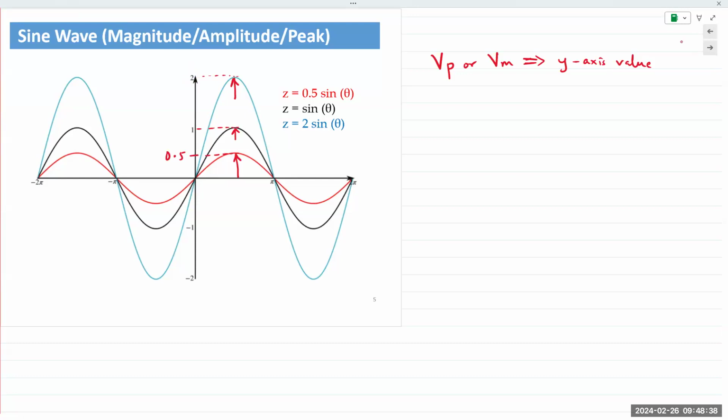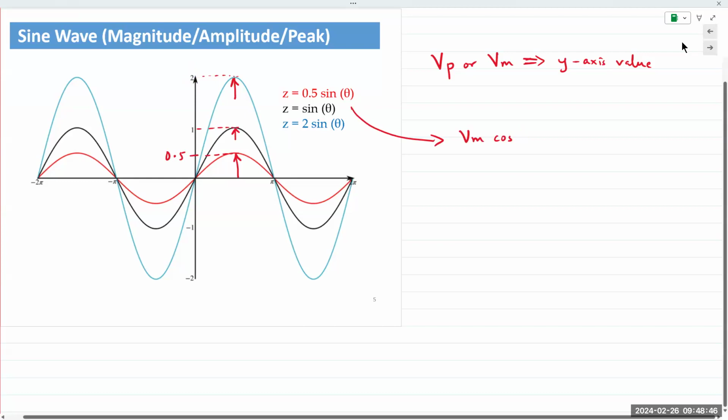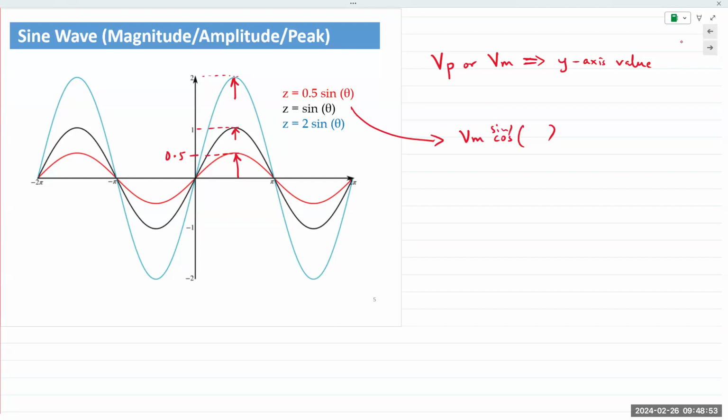So if you equate this equation with Vm cos, which could be either sine or cos, you take the first value in there, that's the peak value, and that tells you the value of the voltage or the current. Make sense?